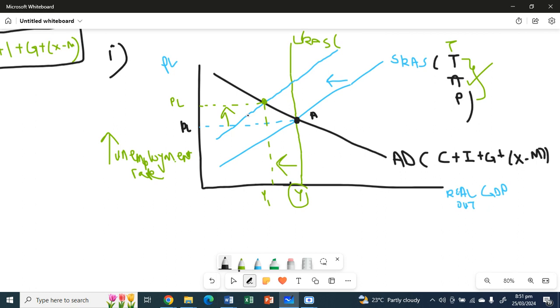So the same thing here. Price levels go up, real GDP output goes down. Those workers who are striking are undergoing frictional unemployment, temporary unemployment. They're not working, they're staying at home due to the strikes.